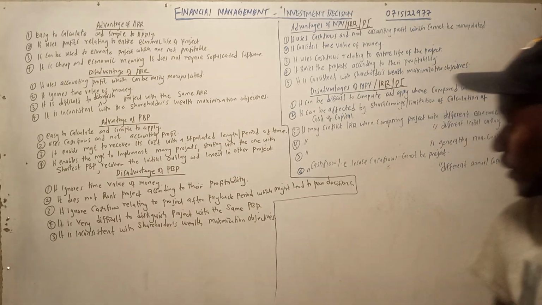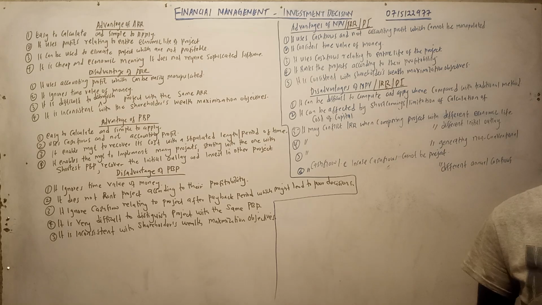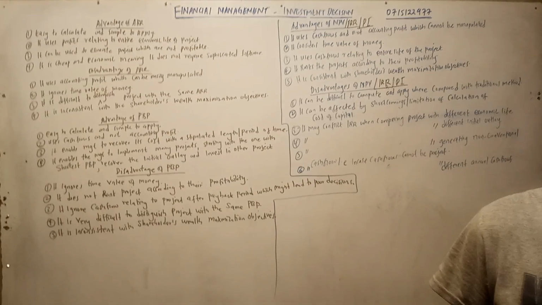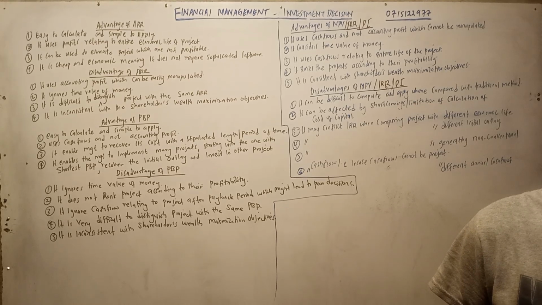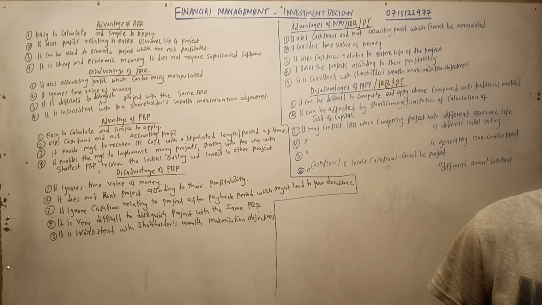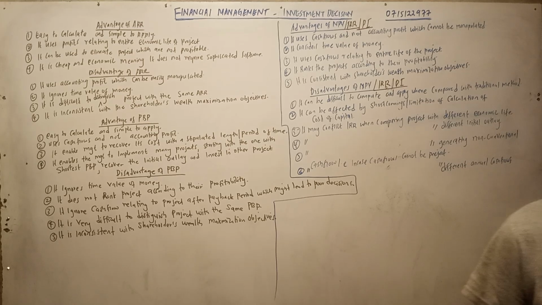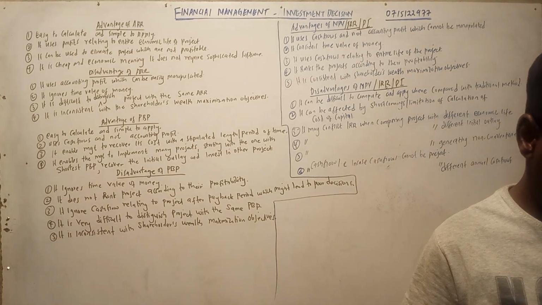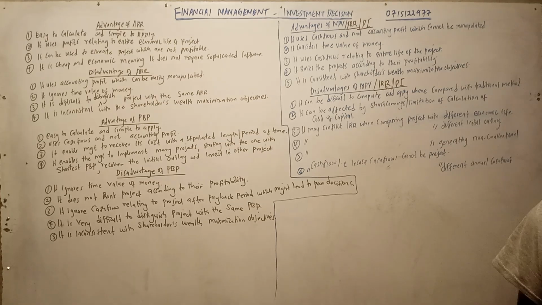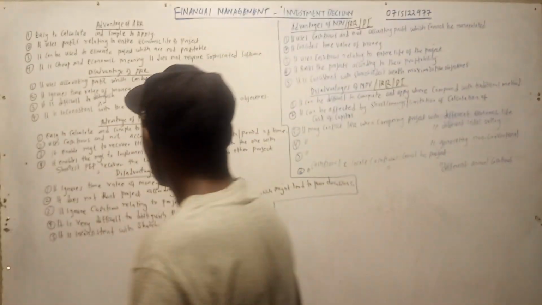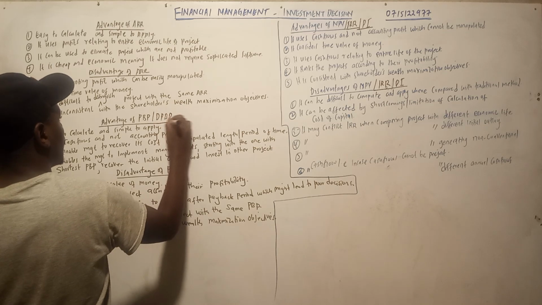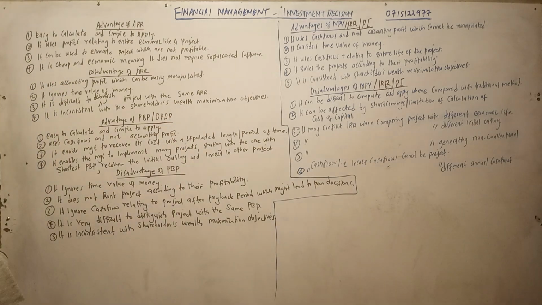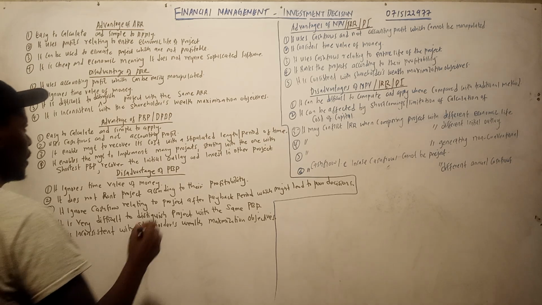So we have finished PI. The last one we need to check is the discounted payback period. Use this one here and also here.